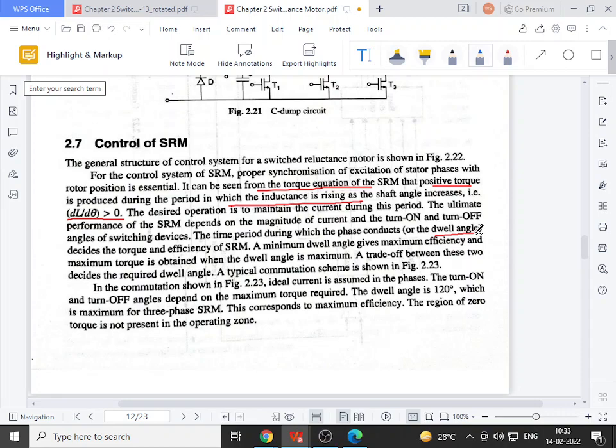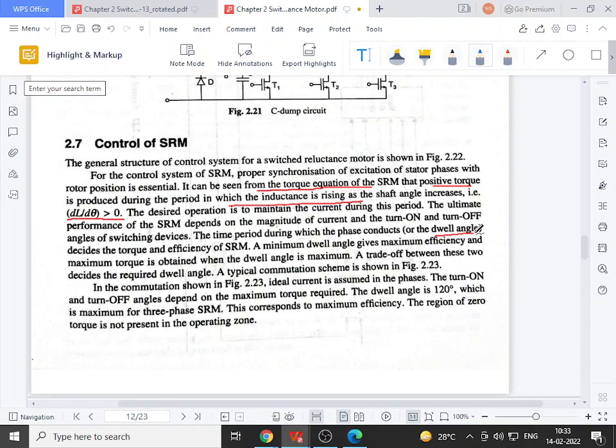Conduction angle, you know, is a particular time period for which that switching device will conduct, means in simple terms that the switching device will be in closed condition. So whenever that switching device is in closed condition, then and only then will there be flow of current through that switching device.